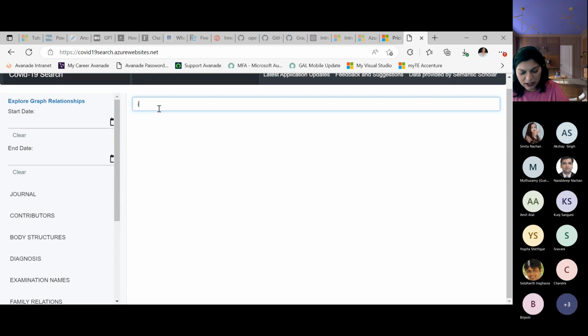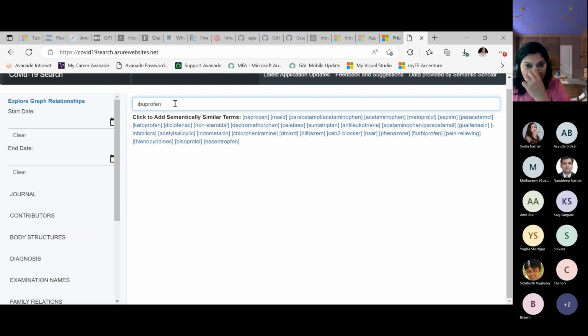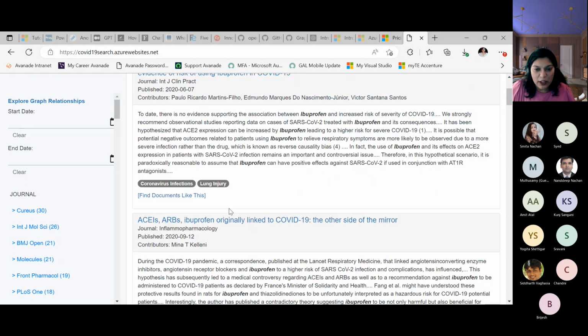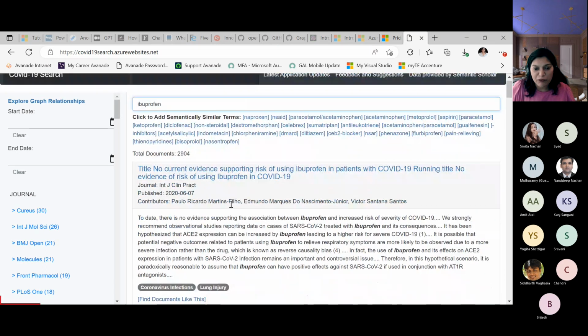So let me search for something like ibuprofen. If I search for ibuprofen, a normal knowledge mining would give me documents which have a reference to ibuprofen, or which are semantically similar to ibuprofen, right? So they will give me links to documents which are mentioning ibuprofen.